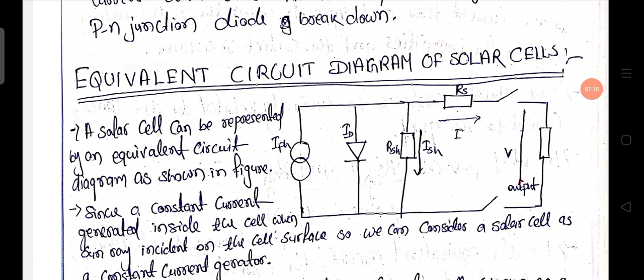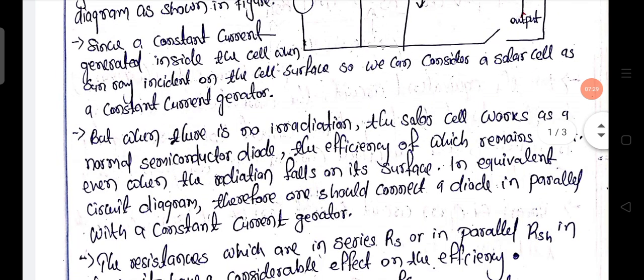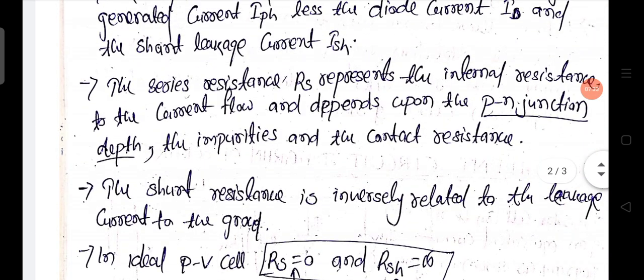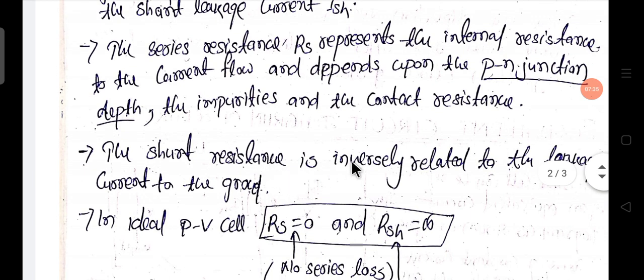The more depth or width of the PN junction, the more resistance there is. The shunt resistance is inversely related to the leakage current to the ground.